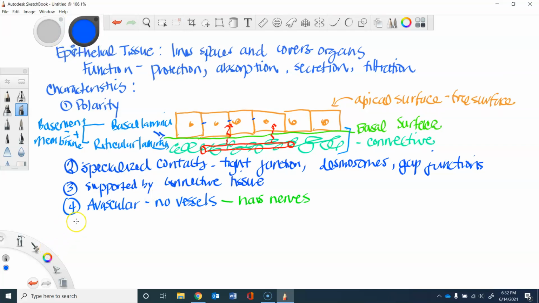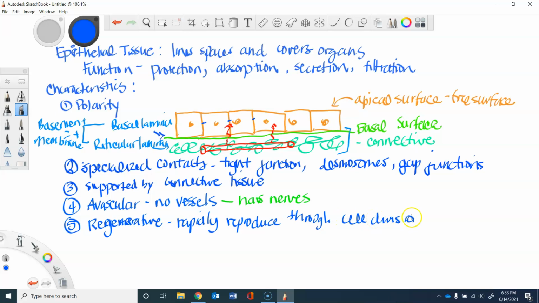All right, so the last characteristic is that it is very regenerative. Okay, so it will reproduce rapidly through cell division. And as long as it's getting nutrients from that connective tissue below, it will divide very rapidly if damaged. So it can replace itself very easily.